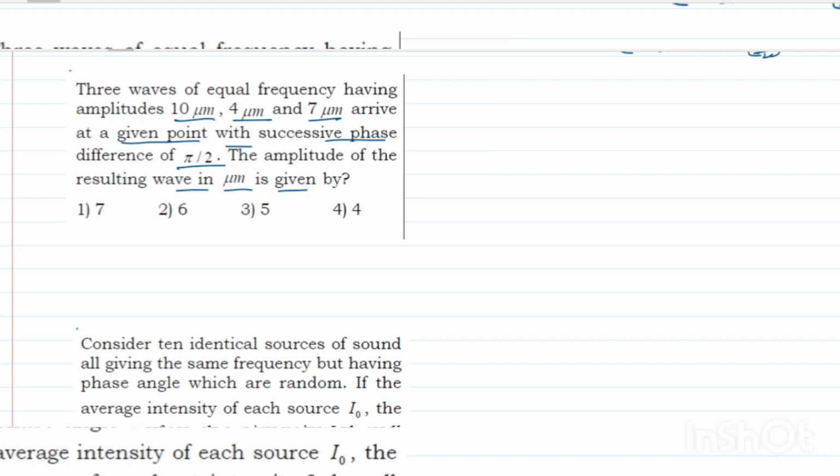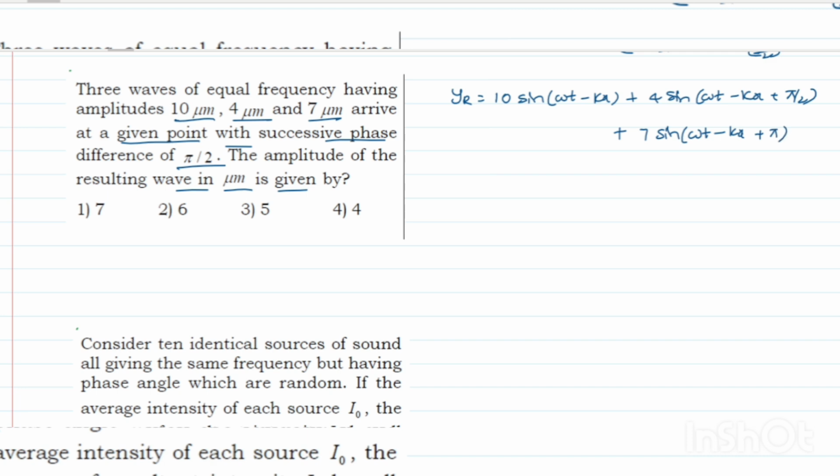Here you can take the resultant of the 3 waves as YR equals, one you can take as 10 micrometer into sine omega t minus kx, and the second is 4 into sine omega t minus kx plus pi by 2, which is the phase difference, plus 7 micrometer into sine omega t minus kx plus pi.